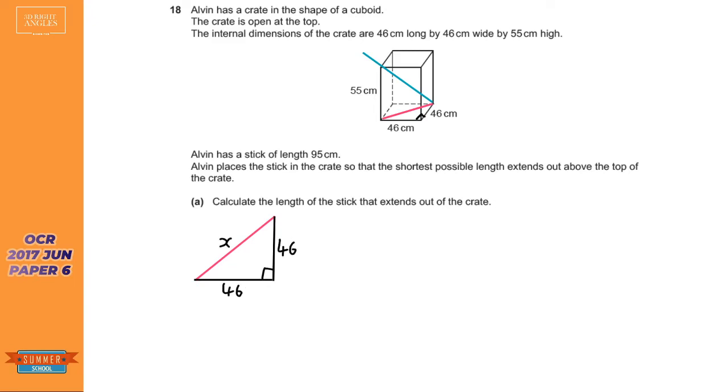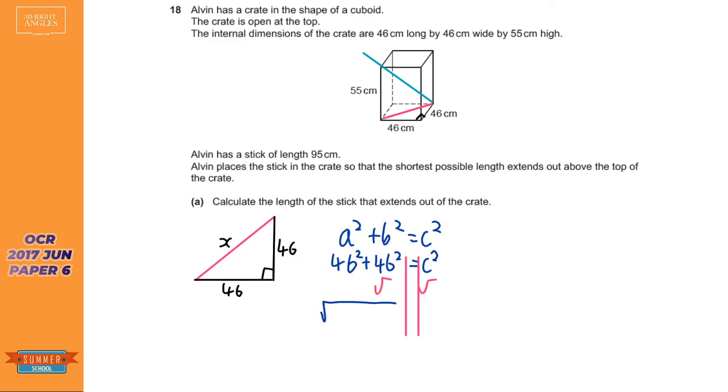Now I'll call that x, and then we're going to do a squared plus b squared equals c squared. So it's going to be 46 squared plus 46 squared equals c squared. And then I'm going to square root both sides.